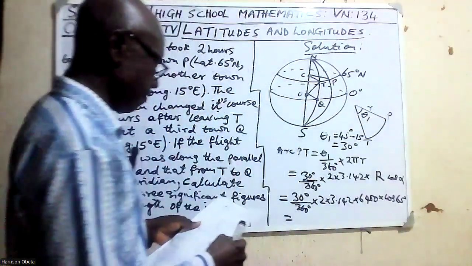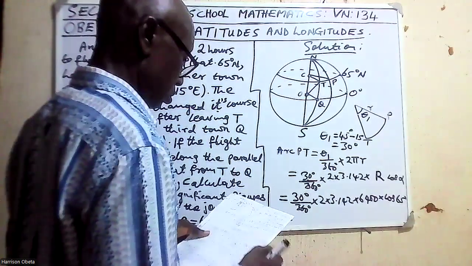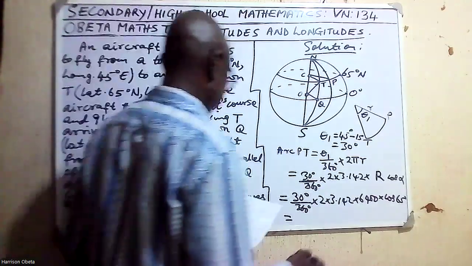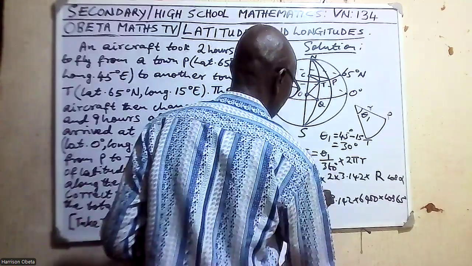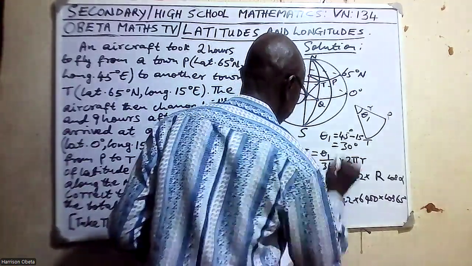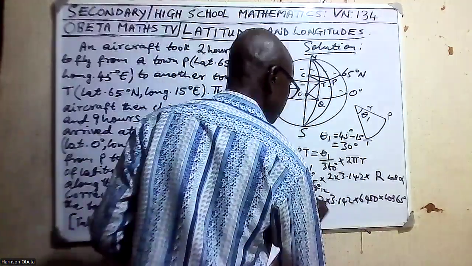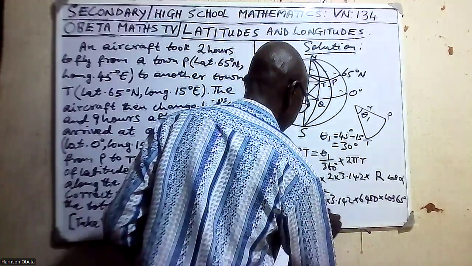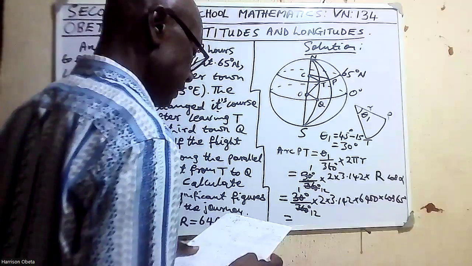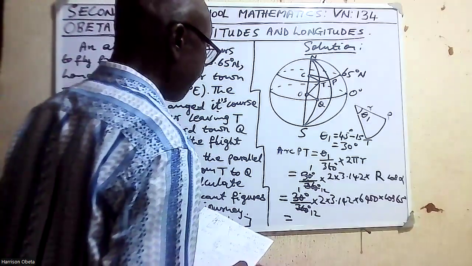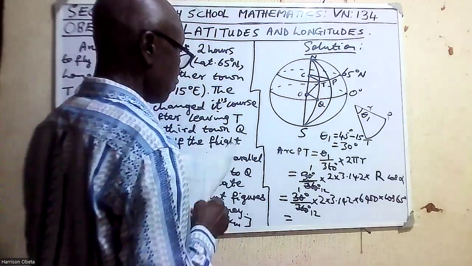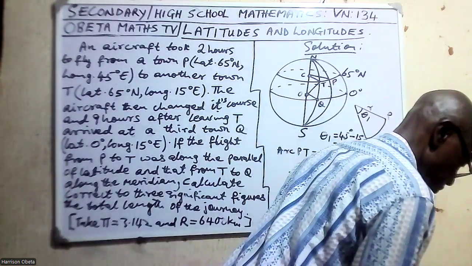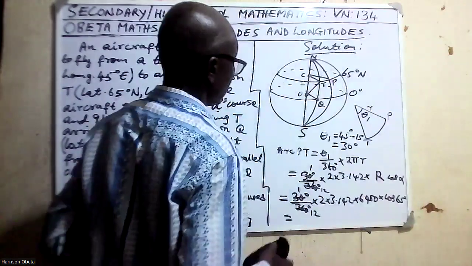If we multiply out, we can reduce by having this 30 here 1, this 360 here should be 12. So this should be 1, this should be 12. And then we need to find, so that would be, from there, I think we have to come up here.